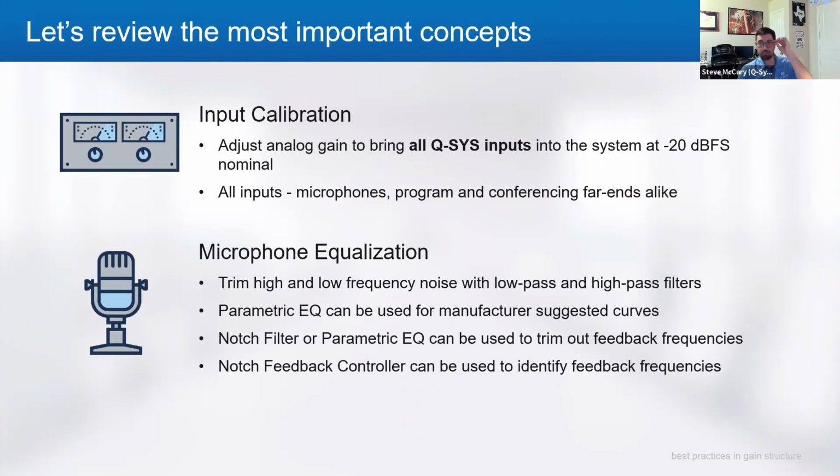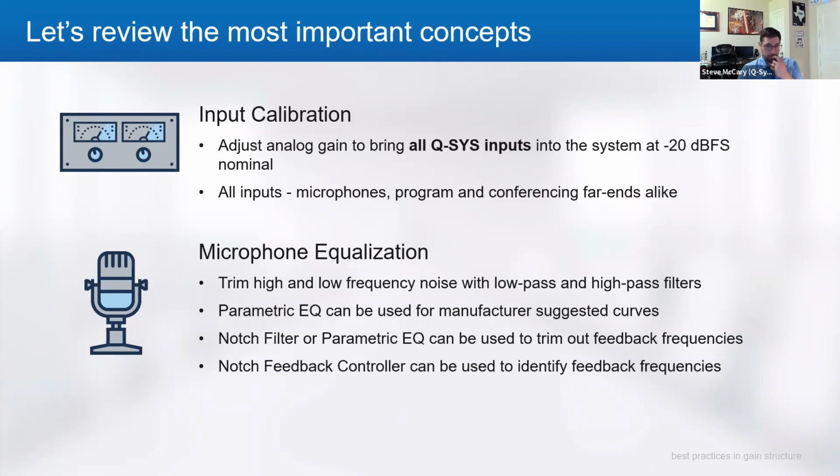So in review, input calibration. We want all of our analog gains at -20 dBFS. -20 dBFS. I'll say it again, -20 dBFS. That is our nominal input as we work our way through our digital space. All of our inputs, microphone, program, conferencing, all of it needs to get calibrated to be at the same level.